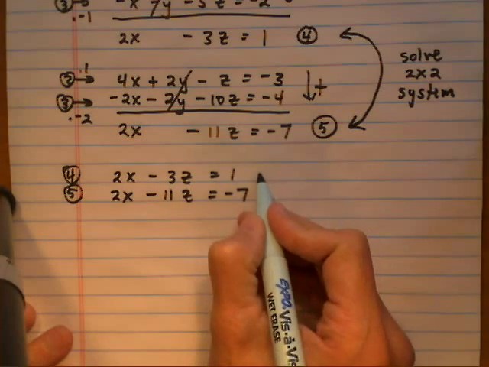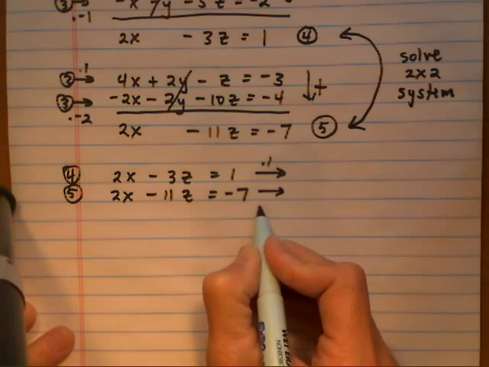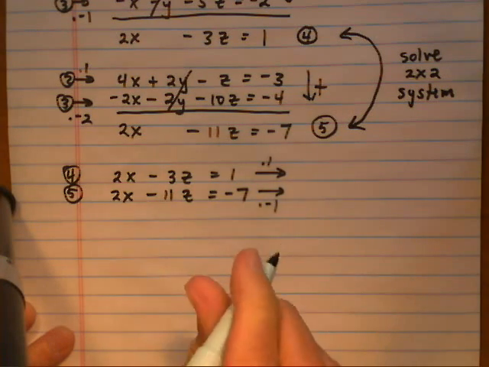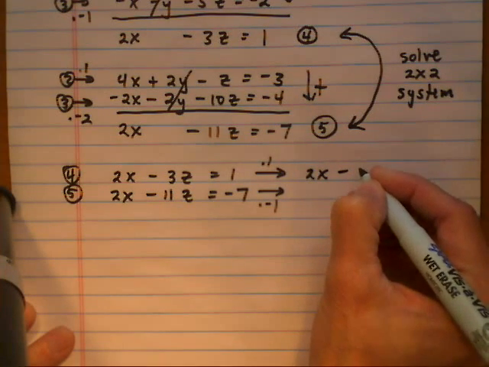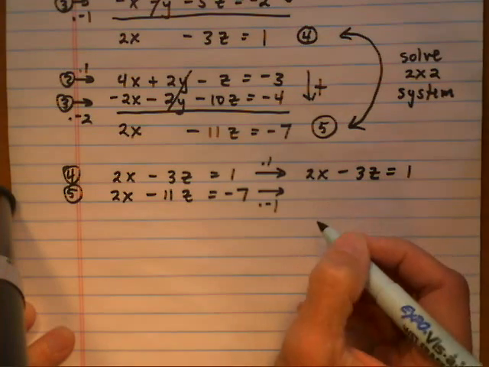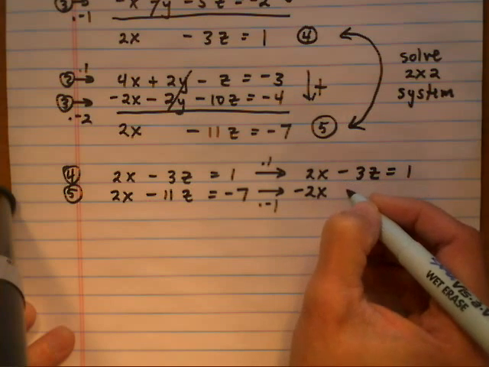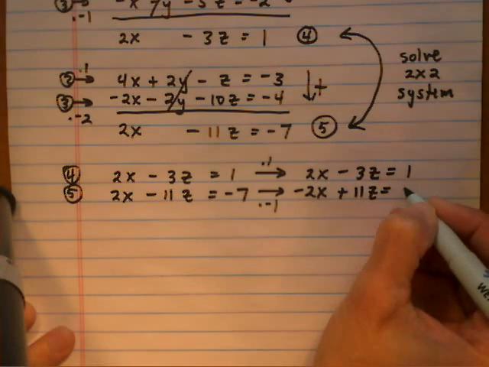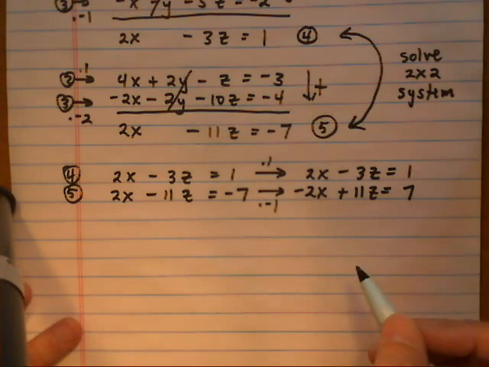So I'm going to leave the top one as is, so just times a 1, and I'm going to multiply equation 5, the bottom one, by negative 1. And that'll give us equation 4, 2x minus 3z equals 1, and the new equation 5, which is negative 2x plus 11z equals 7. And just watch out for signs when you're doing this, because that's the most common place to make a mistake.